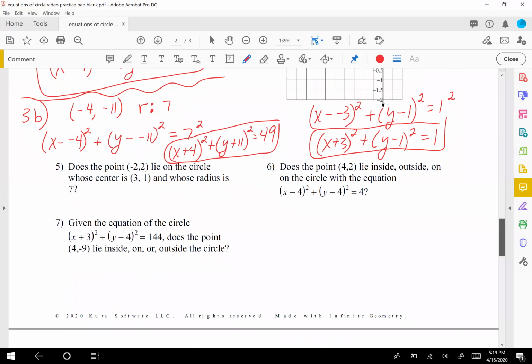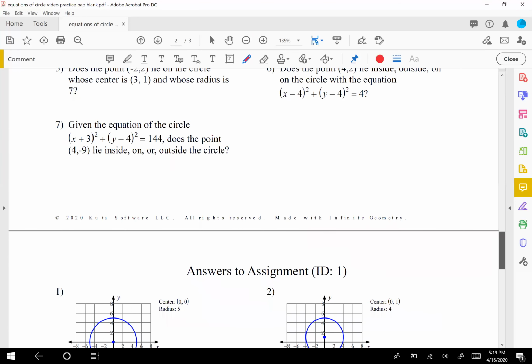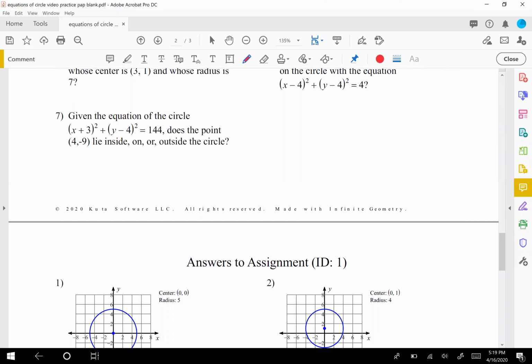All right, now the last thing is telling if a point lies inside, on, or outside a circle. So let me just draw a picture here of what's really going on in a circle, okay? A circle is really just a whole bunch of right triangles that all have the same length hypotenuse.